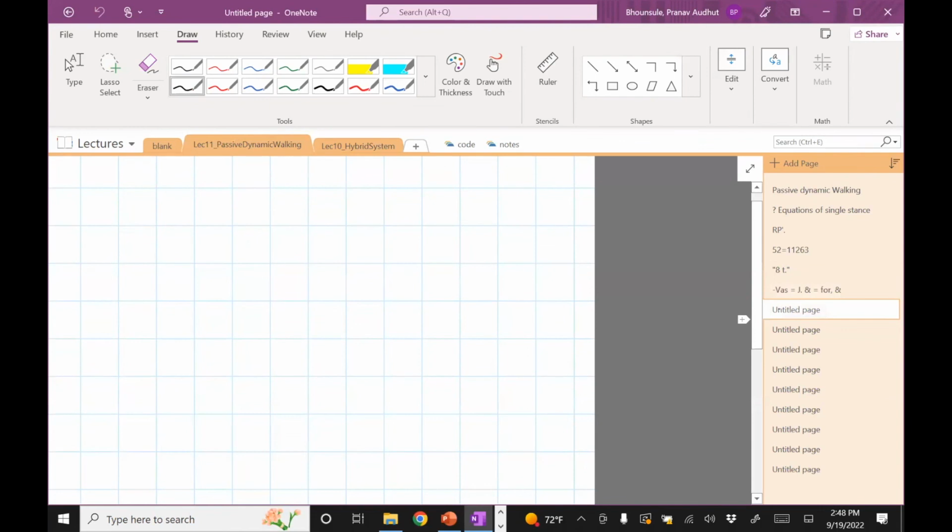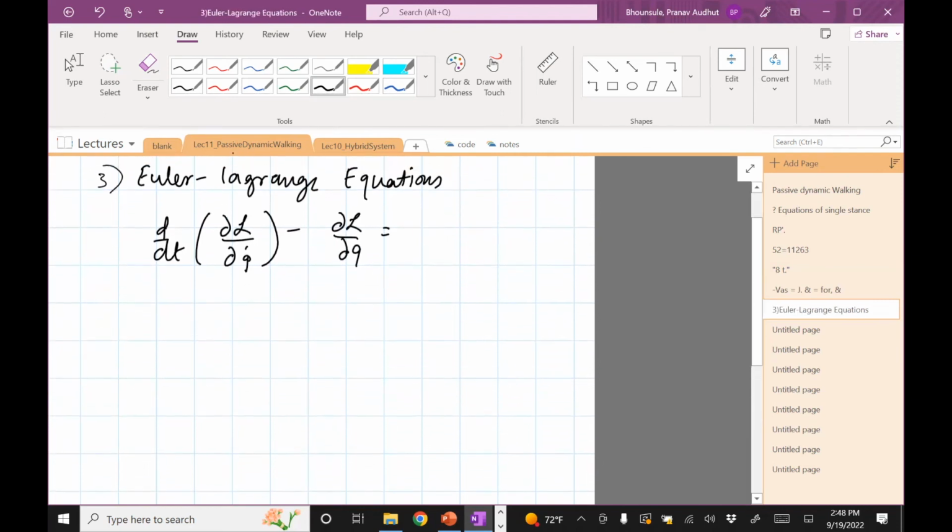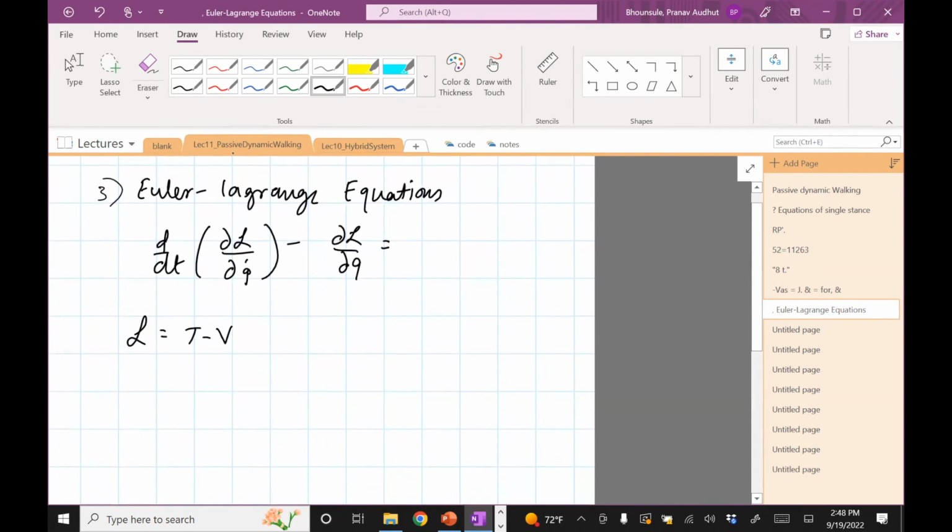Okay, and then the third step, Euler-Lagrange equations, which is d dt of dL dq dot minus dL dq equals, if I put that L, I forgot to write L. L is T minus V. Okay.